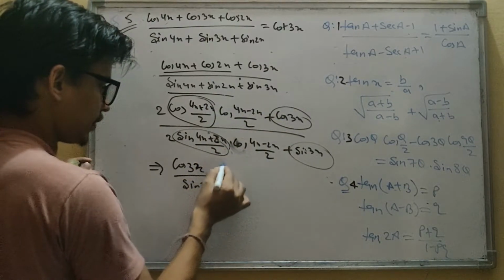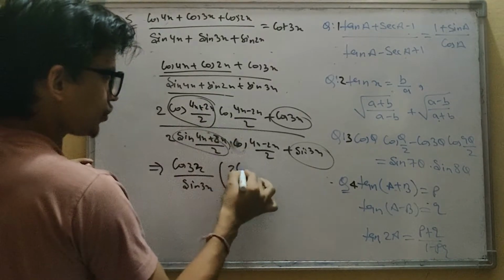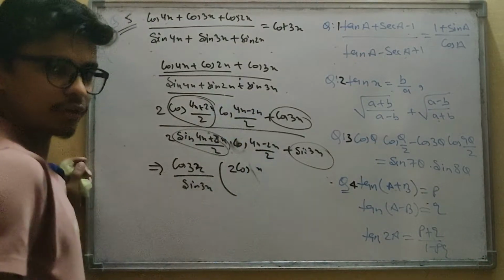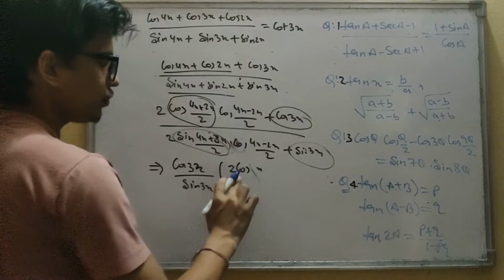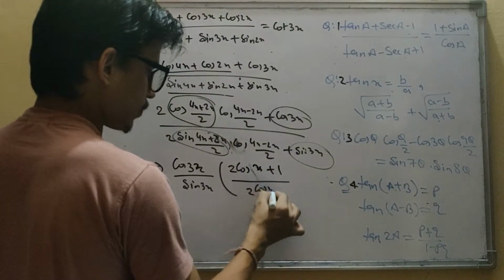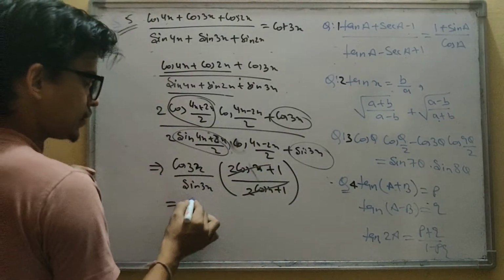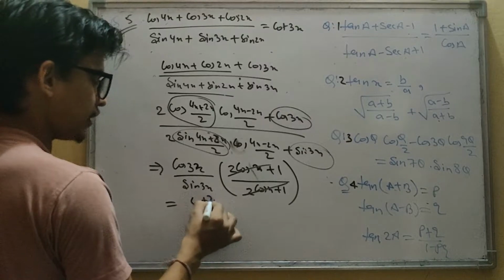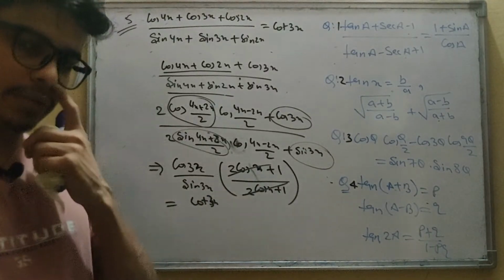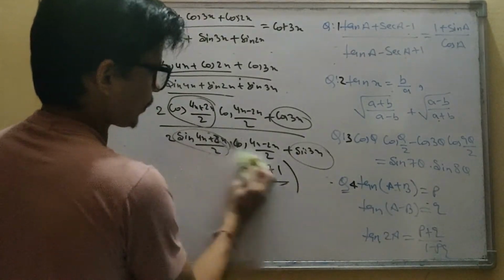What we are remaining with here is 2 cos x, right? 4x minus 2x is 2x, 2x divided by 2, x. So 2 cos x plus 1, and here also the same thing, right? So this will cancel out, and cos by sin is cot. So they are very simple, right? But interesting. So this is how you can do this. You can do more problems, and then it will be easy.